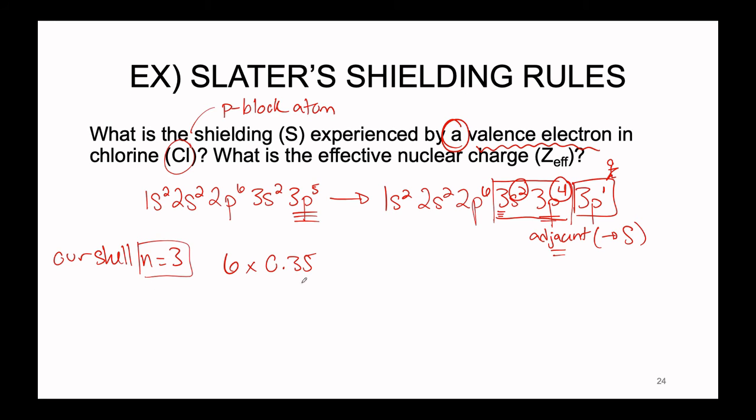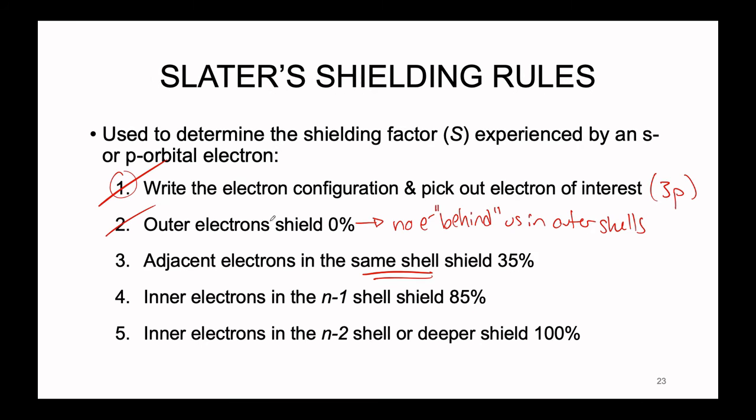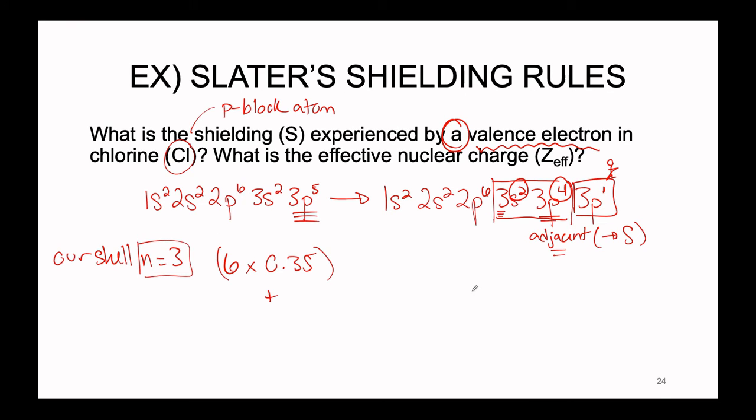We are going to add up everything in one fell swoop as we go. So we're going to add this to the results from our next rule. Inner electrons that are in the n-1 shell are going to shield us 85% of the time. Well, if our current n is equal to 3, this means that the first inner shell is going to be n equal to 2, right?